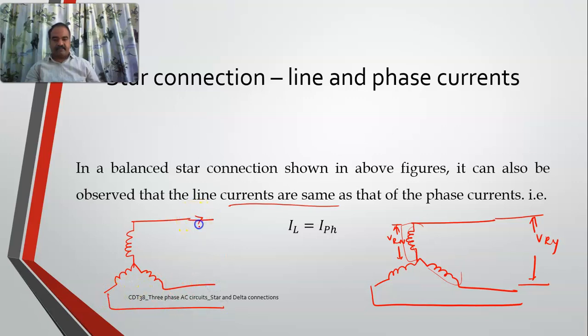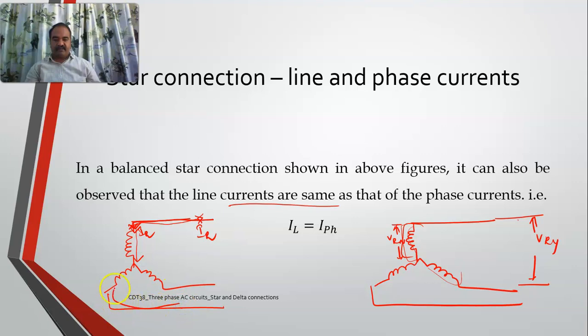But coming to the currents now, you see, this is your main line current. And the same current which you are getting in the line is passing through this individual phase. But here, the voltage across this phase is not equal to the voltage across the lines. Since the same current is flowing into this R phase, the same current will be flowing in the entire R phase.